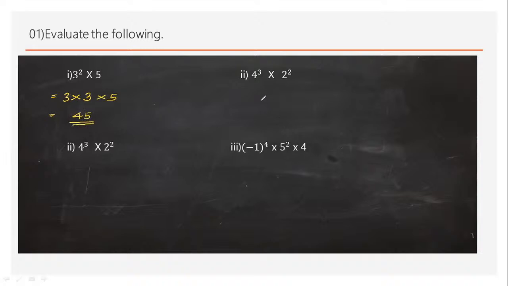Next one, 4 to the power 3 into 2 to the power 2. So how many 4s here? 3 fours. 4 to the power 3 is 64: 4 times 4, 16, times 4, 64. Into 2 times 2, 4. That is 256.